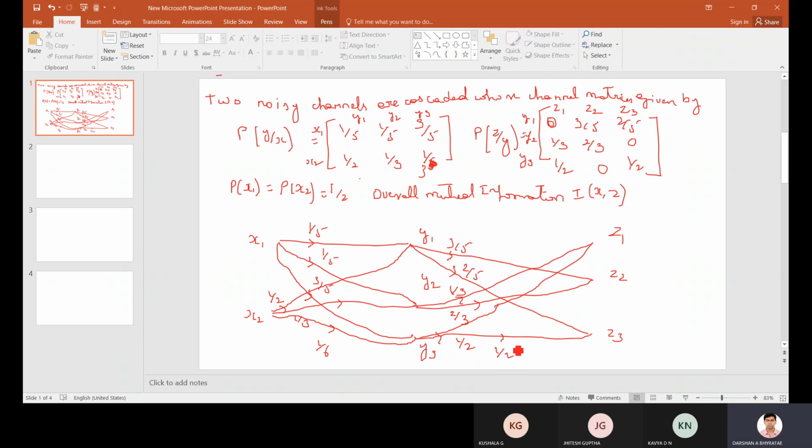This is the channel diagram using the channel matrix.